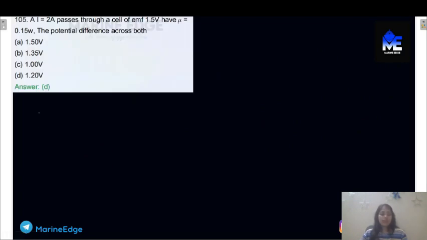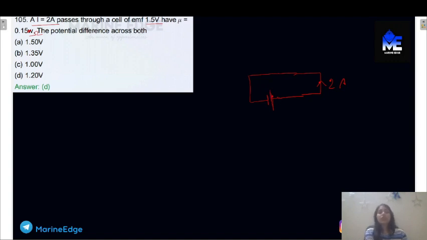Now, it is given that we have a circuit where a current of 2 amperes is passing through a cell of EMF 1.5 volts and having a resistance of 0.15 ohm. So we have a cell here. It has some internal resistance, and because of this, the current flow that is happening is 2 amperes.